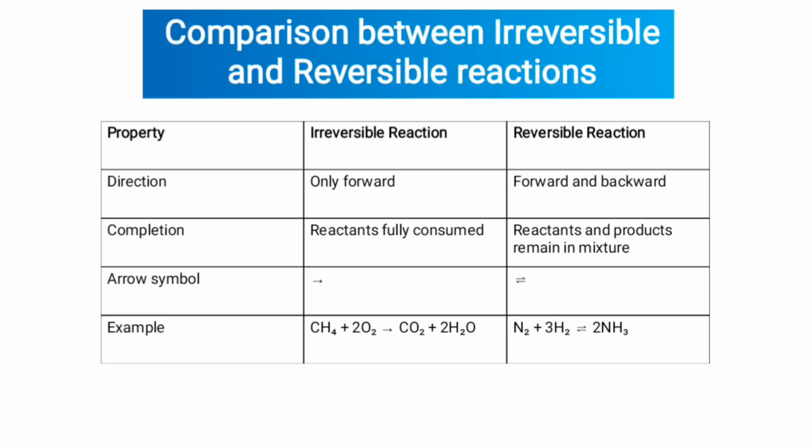Now, comparison between irreversible and reversible reaction. Property: direction. An irreversible reaction proceeds only in the forward direction, while a reversible reaction proceeds in forward and backward directions. Completion: in an irreversible reaction, reactants are fully consumed, while in a reversible reaction, reactants and products remain in the mixture.